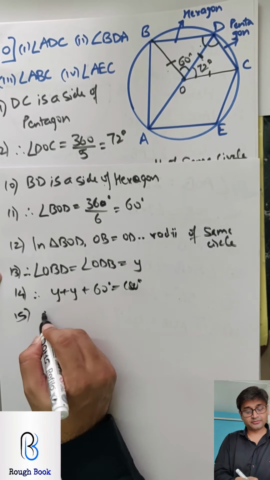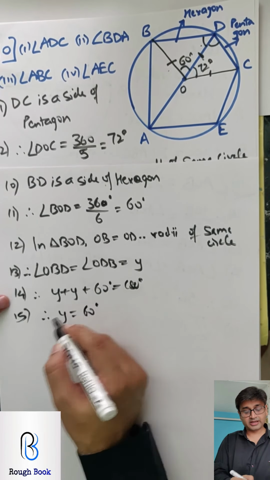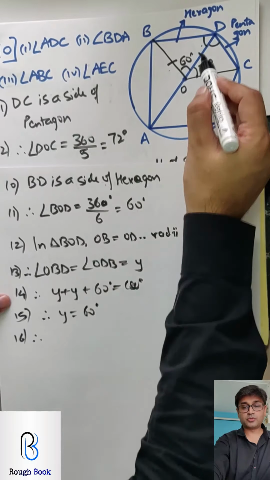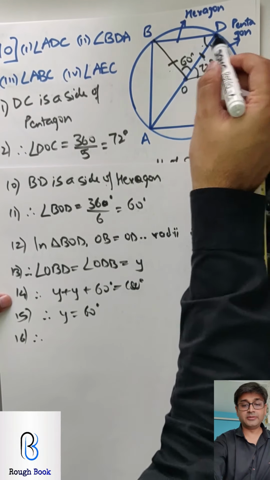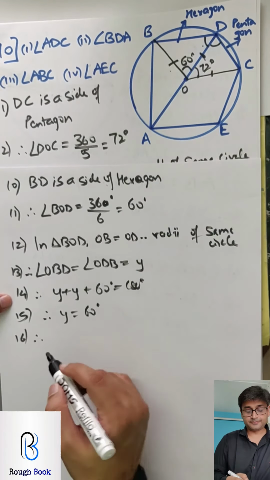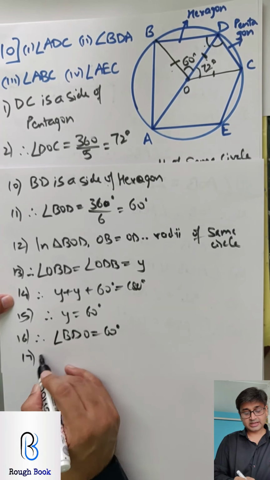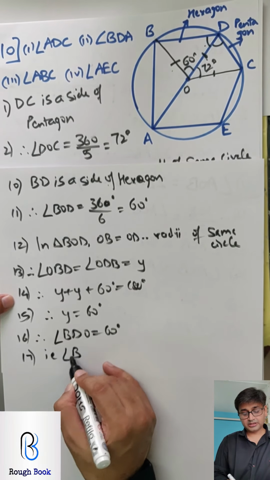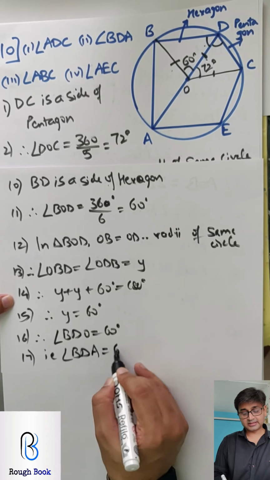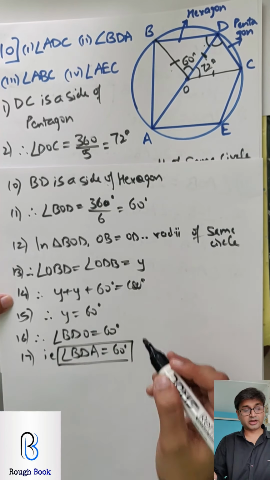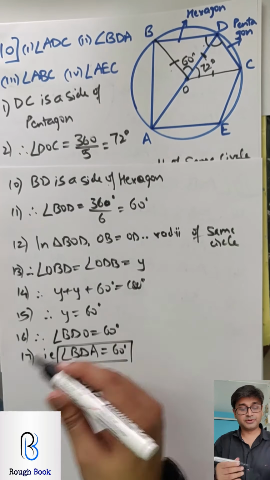So your Y becomes 60. If your Y is 60, what is Y? Y is this, that is ODB, and then you can say BDA. So Y is BDO as 60. Say that is BDA as 60. So we managed to get our second part, that is BDA.